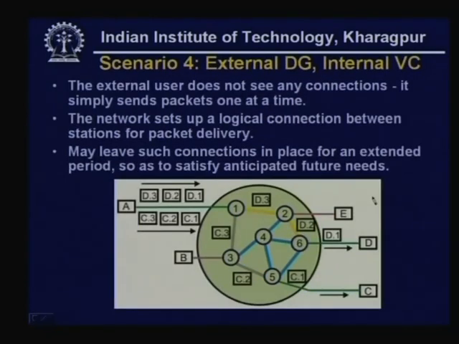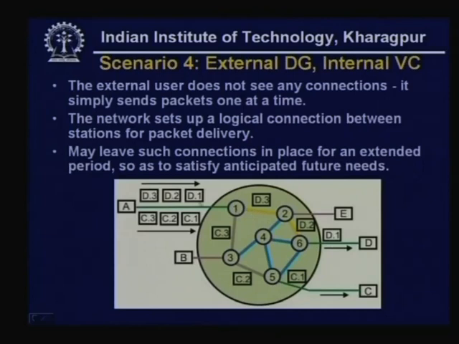Now, let us come to scenario 4. Here it is external datagram and internal virtual circuit. So, here external datagram means the packets can be given in any order. However, as they are given in a particular order inside the switched communication network, there is a virtual circuit.